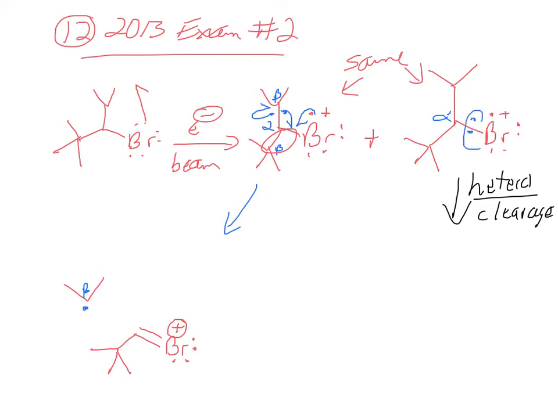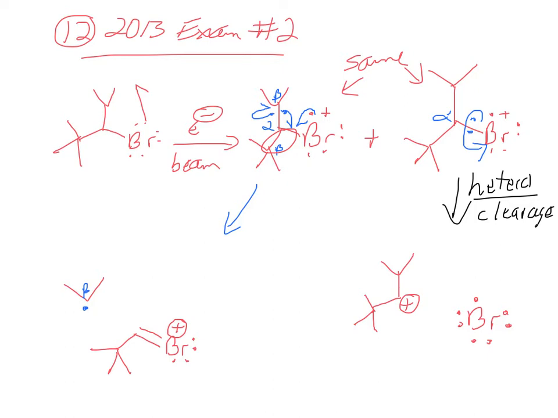We're going to move 2 electrons at a time, with a double-headed arrow. And so now which carbon does the plus charge end up on? It's actually on the alpha carbon. And how many electrons does the bromine have around it now? 7. So why isn't the bromine charged? Because bromine starts out with 7 valence electrons. Sure, it wants 8, but it doesn't have a charge if it has 7. Bromine has 7 valence electrons. So that's the heterolytic cleavage.